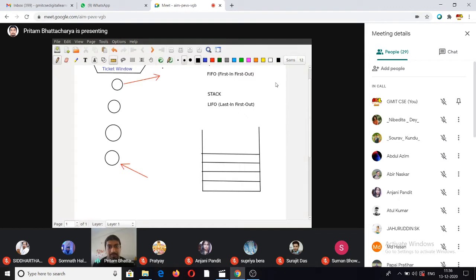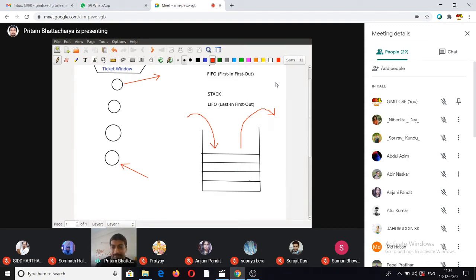Okay, so now why is it last in, first out? Basically, whenever something has to enter the stack, it will enter from the top side. But when someone has to leave the stack, he also has to leave from the top side only. Until the top person has actually left, there is no way for the person below to leave.